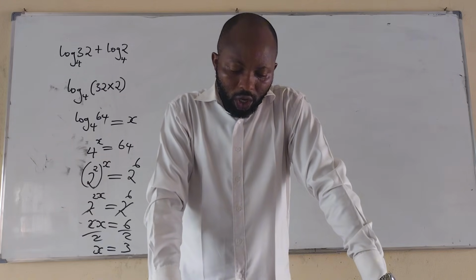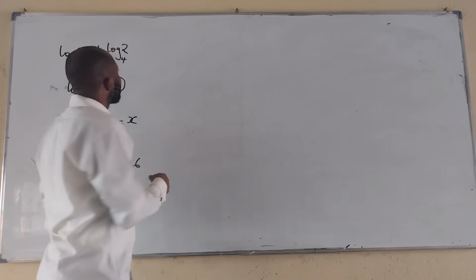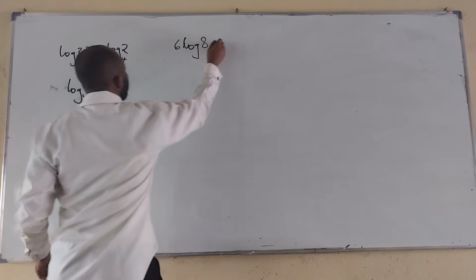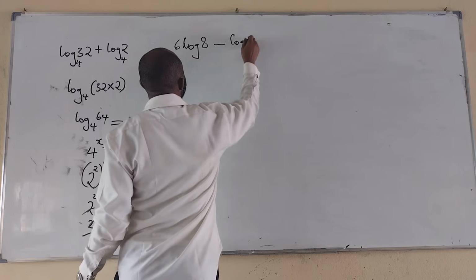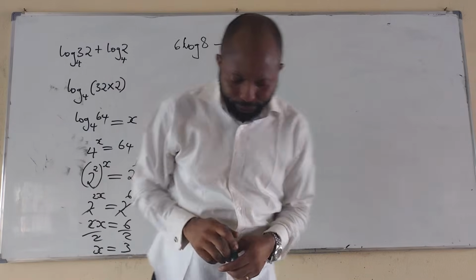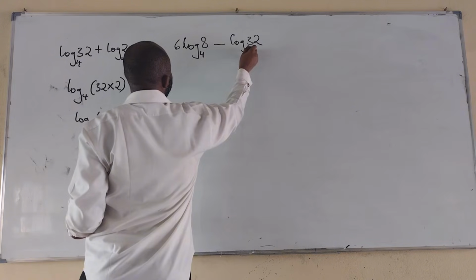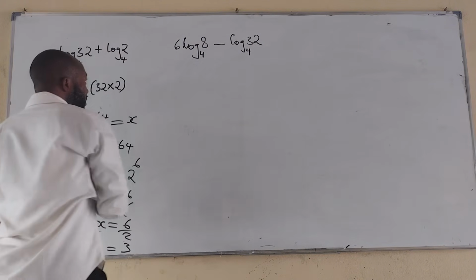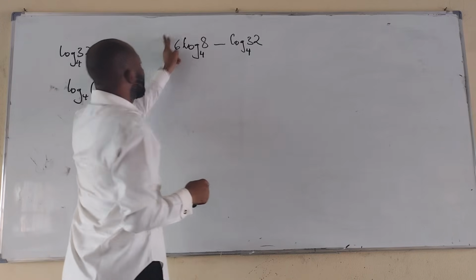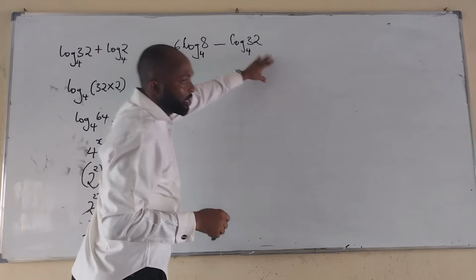Okay. 6 log 8 minus log 32, in base 4. By Power's law, I can bring the 6 back here, whatever the value is, and deal with it.